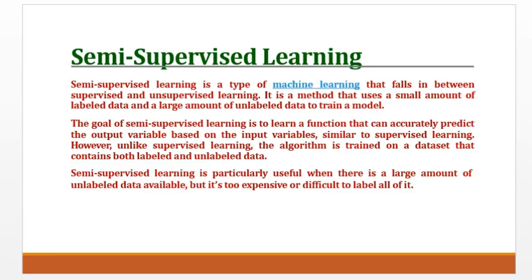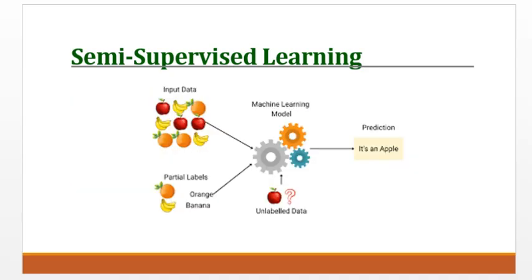Or in medical imaging, where only a few images might be labeled while most images remain unlabeled. The given diagram explains the same, where we have input data and partial labels. Both are combined into a machine learning model along with unlabeled data to make a prediction that the given unlabeled data is an apple.